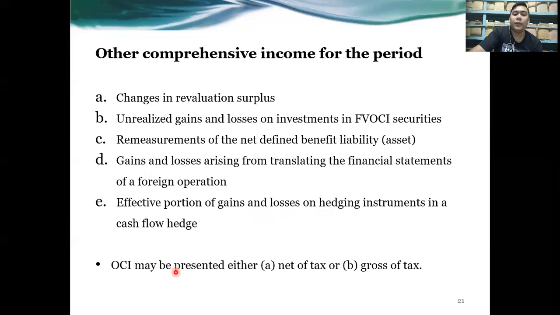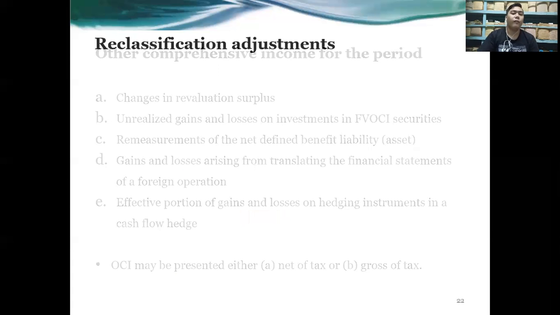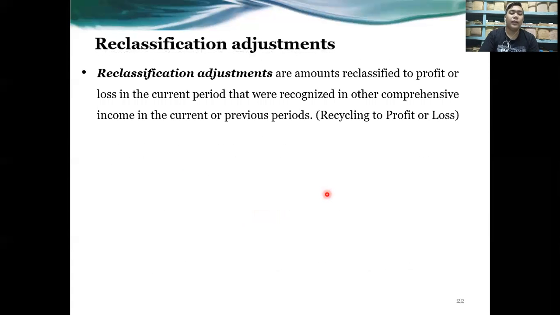OCI may be presented either net of tax or gross of tax. So reclassification adjustments. Ini siya magamit na lang dito sa other comprehensive income nga statement. Reclassification adjustments are amounts reclassified to profit or loss in the current period that were recognized in other comprehensive income in the current or previous periods.